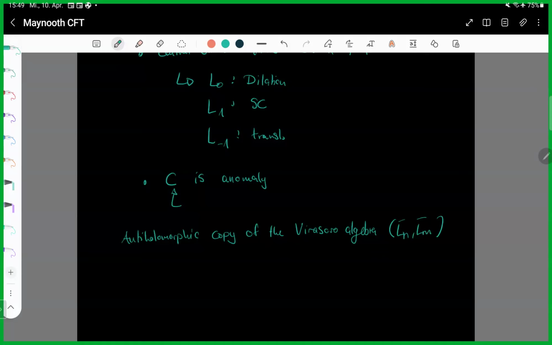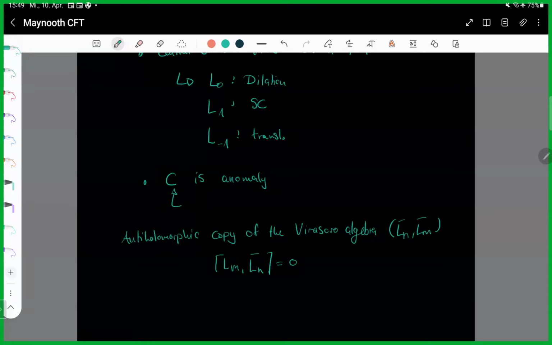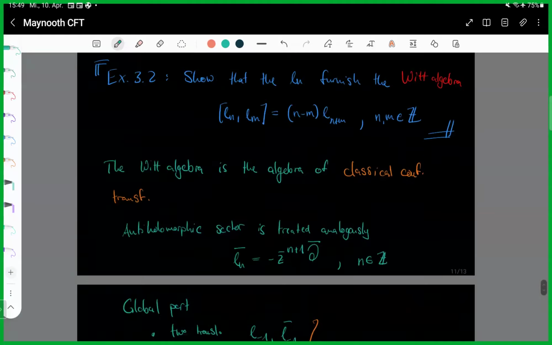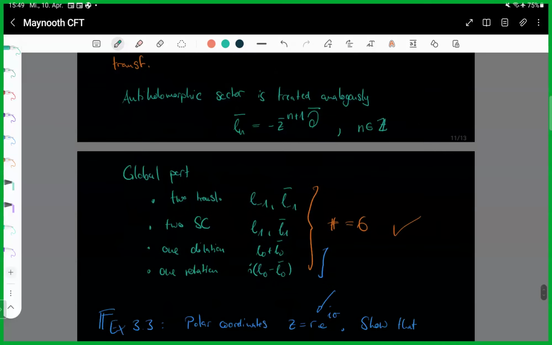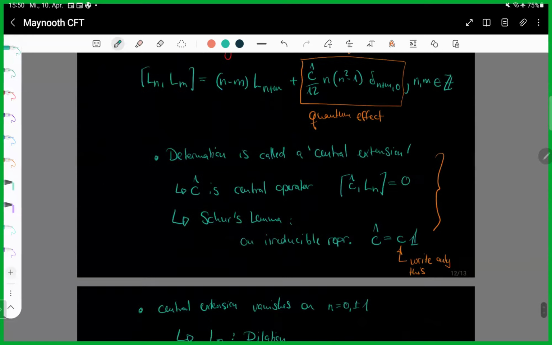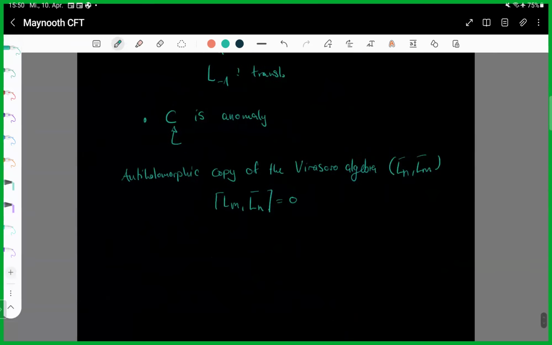It has the same form as above, evidently. And what is now special is that the holomorphic and anti-holomorphic sectors, they commute. Actually, hold on, I forgot to make a comment here. Right here, I forgot to say that for the Witt algebra, likewise, holomorphic and anti-holomorphic sectors commute. Sorry about that, I forgot that.